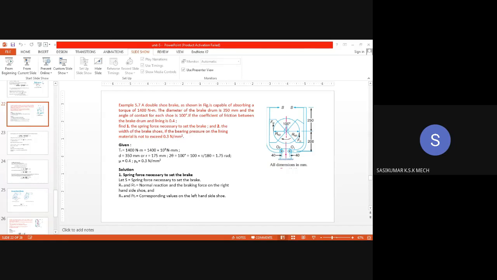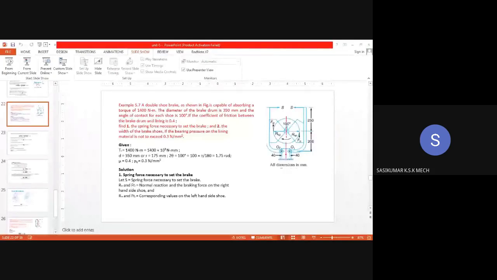The diameter of the brake drum is 350 mm, this is the diameter from here to here, and the angle of contact for each shoe is 100 degree.